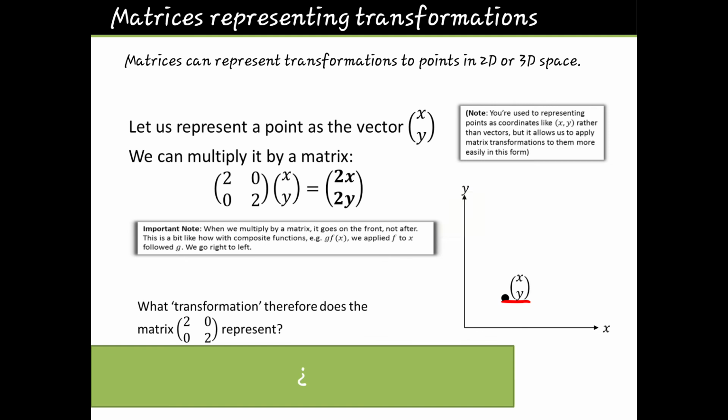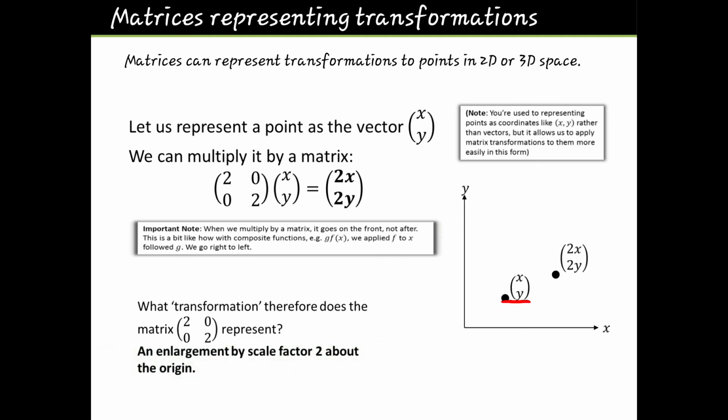This is what it has done to the vector. It has enlarged our vector by 2. So it's an enlargement by a scale factor 2 about the origin. Are you seeing?